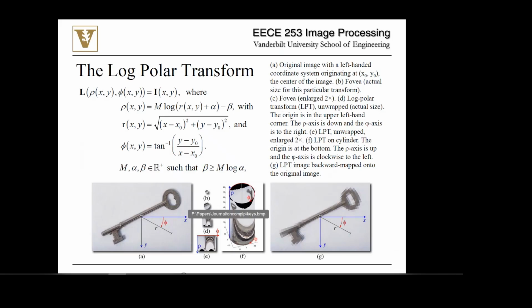So this is how my log polar image looks like. You take this image, this is the log polar representation of that. Same I have made with the C2, but now with a key. And so this is log polar.